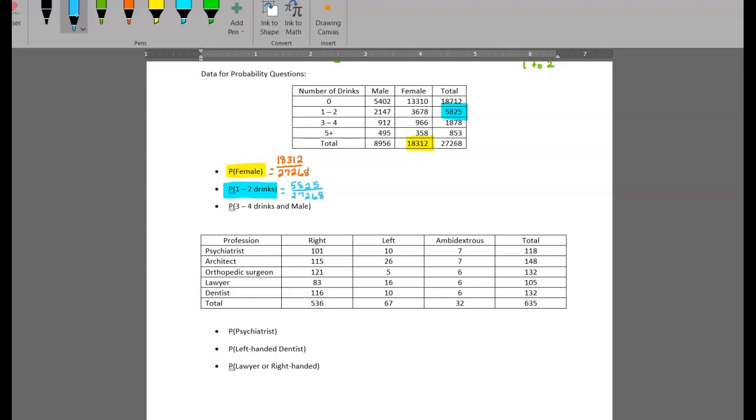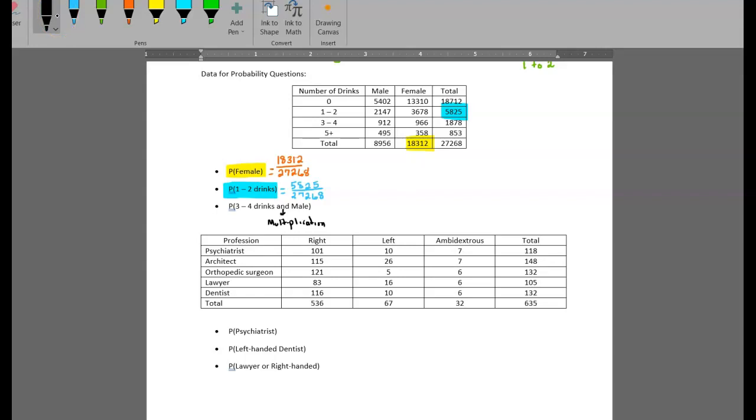Now the last one here is an AND probability. Keep in mind with AND probabilities, we had this idea of multiplication. But when we're reading the tables, we're looking for the overlap. Okay, it's like a Venn diagram, because it's this and this.